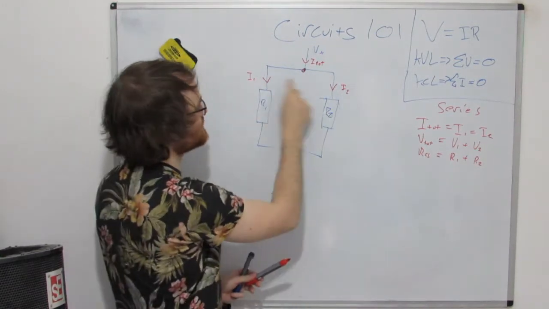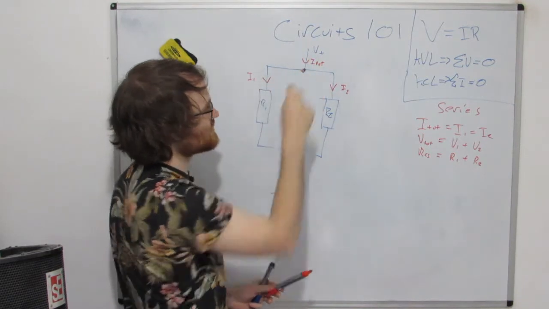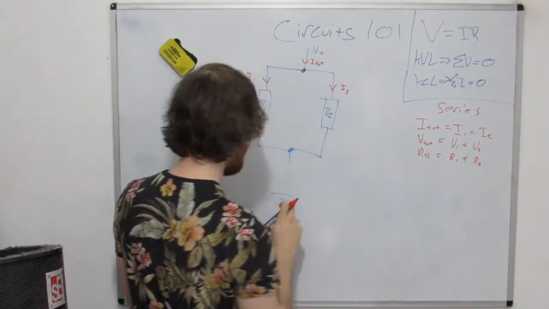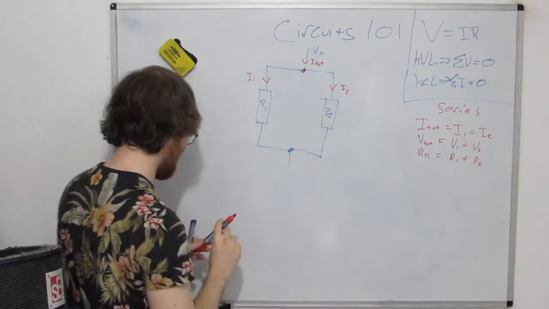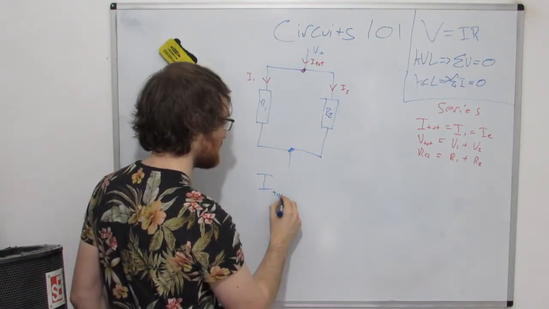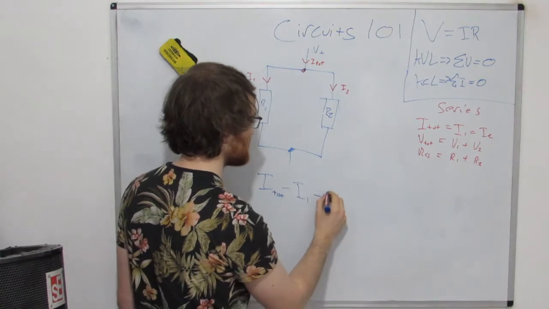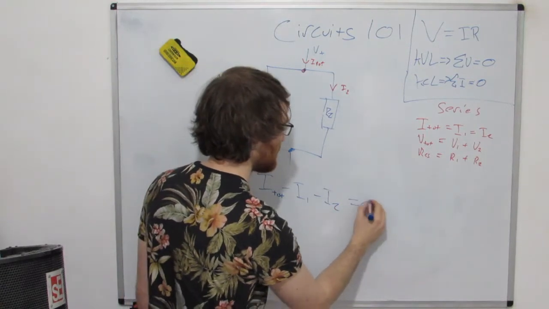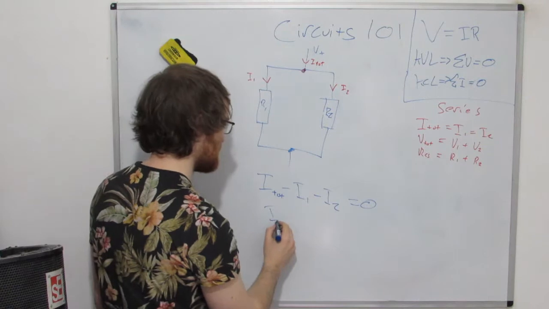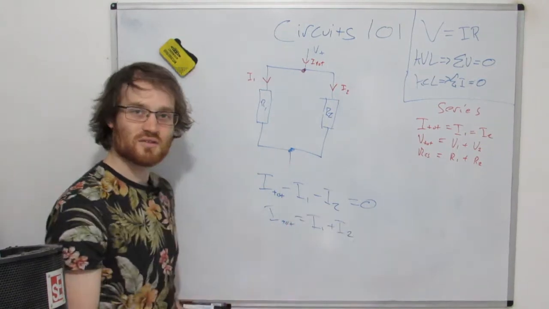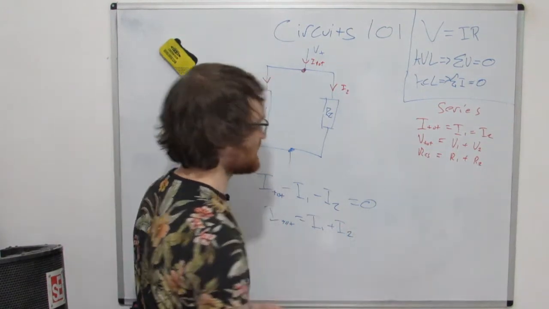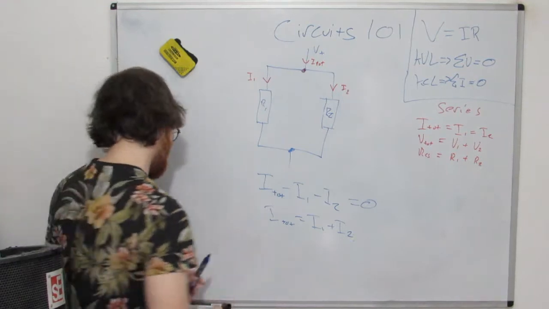So these two currents, when you add them together, are equal to this. Or I'll write it down similarly to how I wrote it down before. I total minus I1 minus I2 equals 0. And if there were more currents, you do the same thing, I3 plus I4 plus I5. Okay, and that's our first rule.